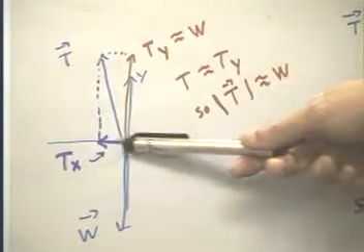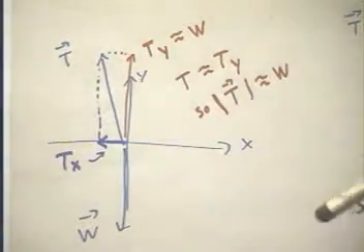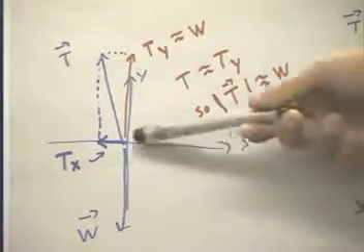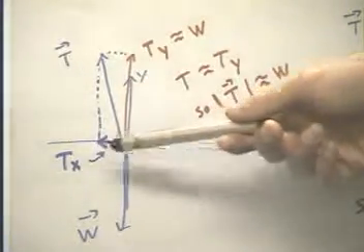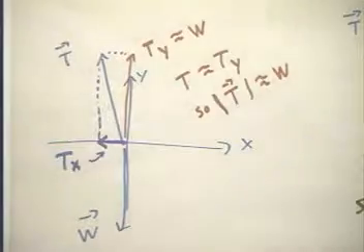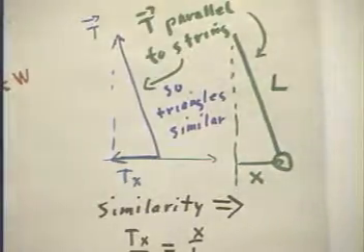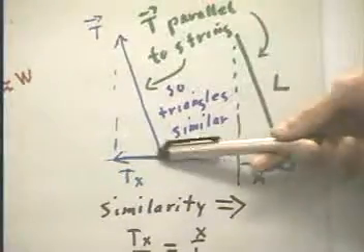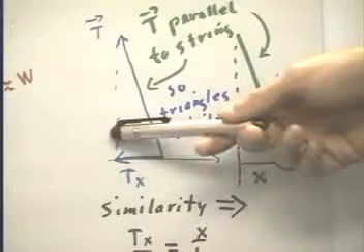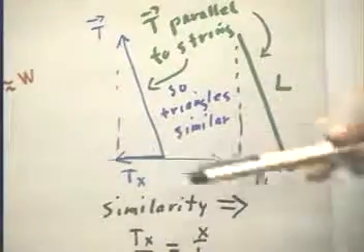And the x component of the tension is going to be the net force on the object, so we need to find an expression for this x component. We can do that fairly easily. We draw these two pictures. Here's the tension with its x component and a projection line down here making a right angle with the x component.